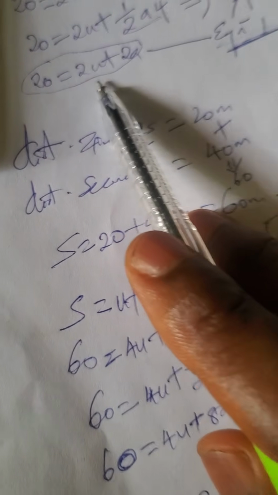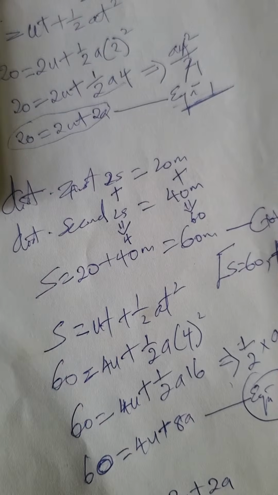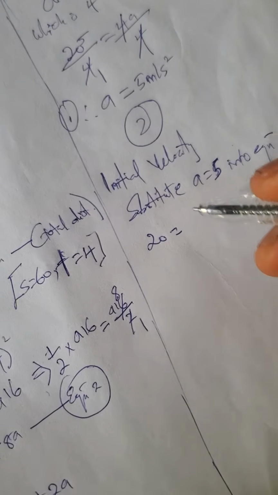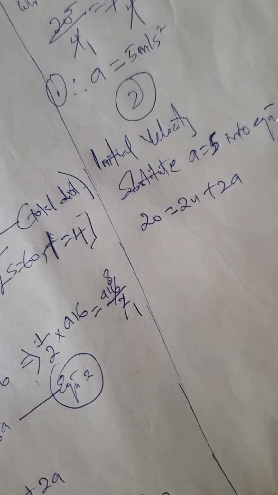Now what is the formula for equation 1? Don't forget, this is equation 1 that we got. So now it is 20 equals 2u plus 2a.